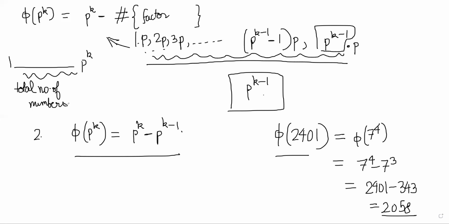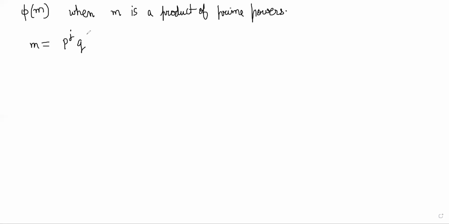Now what we want to find out is phi of m when m is a product of prime powers. Any number can be written as a product of prime powers, right? So if m is basically p power j and q power k, where p and q are primes, we want to find phi of p power j q power k.